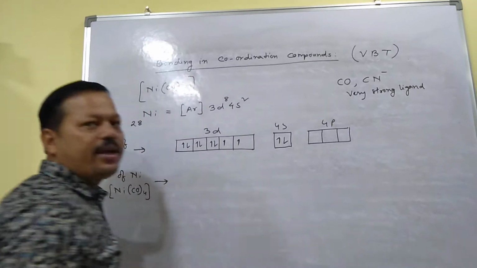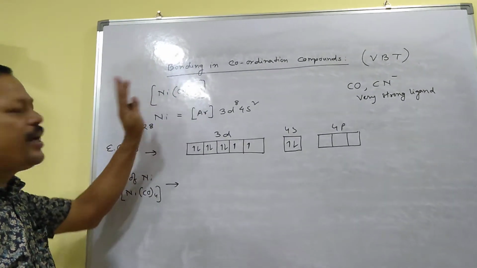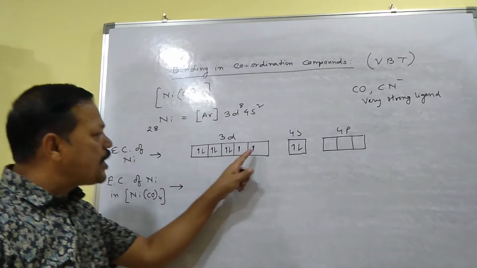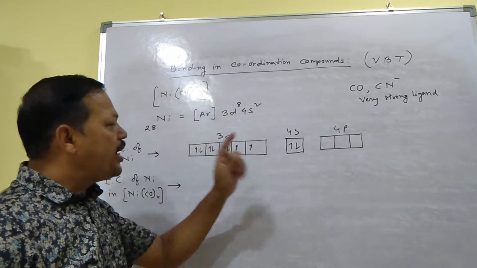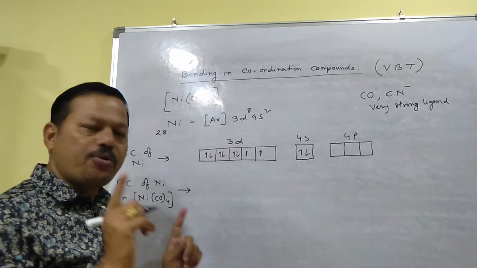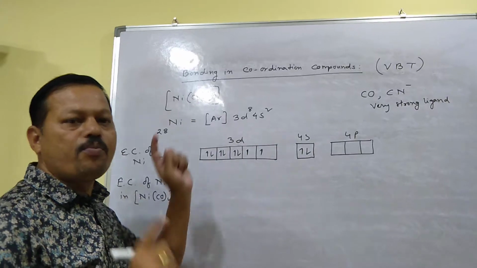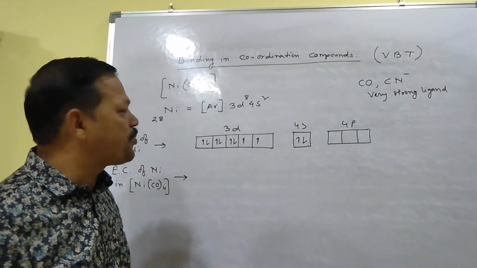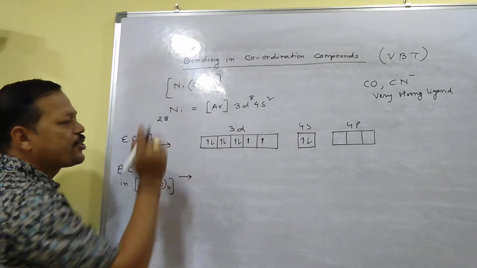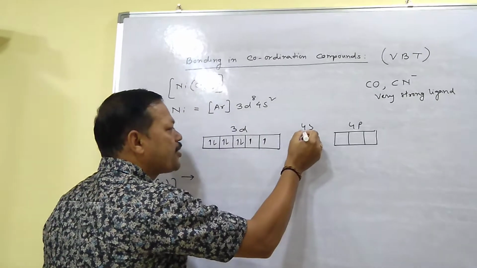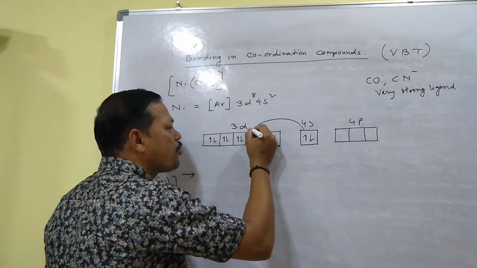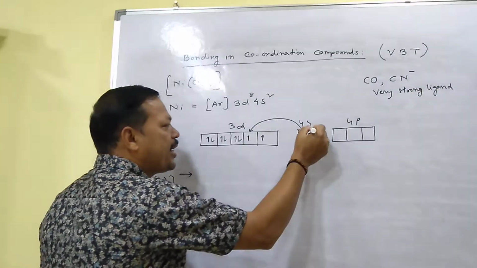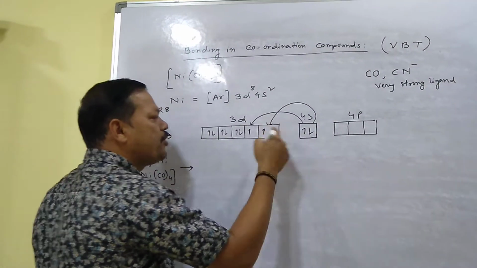If strong ligands like these are present and some unpaired electrons are present, then they undergo pairing. This happens only in the presence of a strong ligand. If the ligand is weak, the configuration remains the same and no pairing takes place. Here the ligand is strong, so 1 electron from 4s comes to this orbital to get paired, and another electron comes to this orbital to get paired.